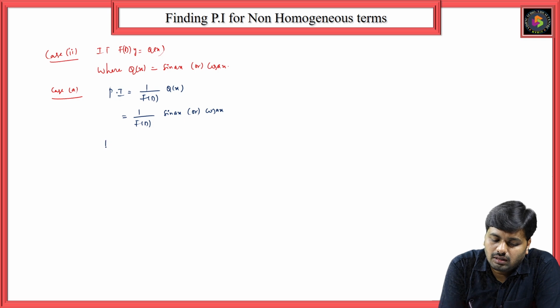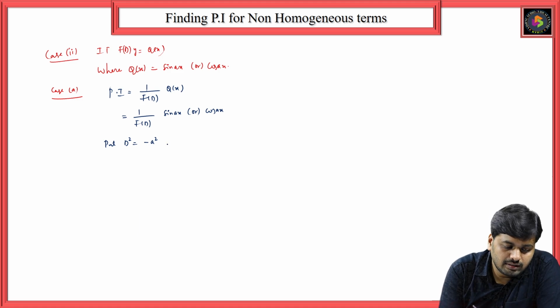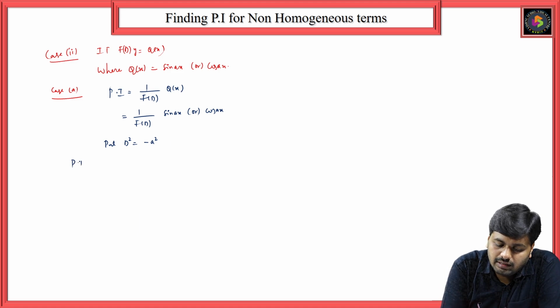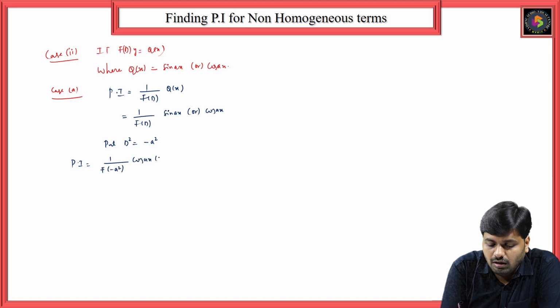Now put D square equal to minus a square, then the particular integral will be 1 by f of minus a square of cos ax or sin ax.